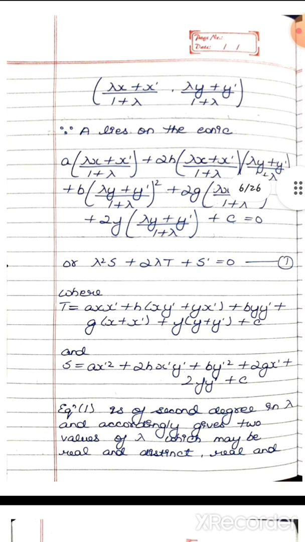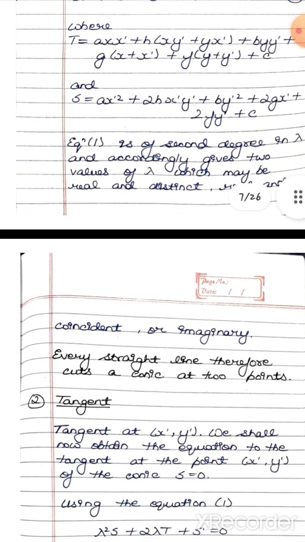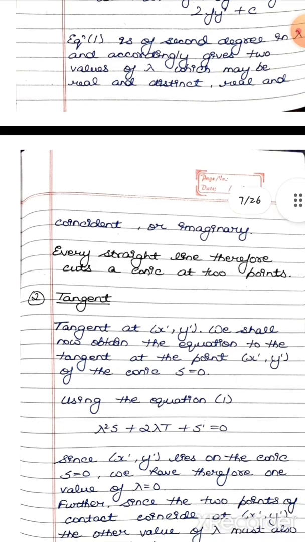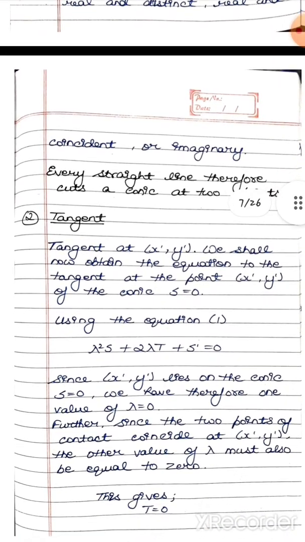So equation 1 is of second degree in λ and accordingly gives two values of λ, which may be real and distinct, real and coincident, or imaginary. Note that every straight line therefore cuts a conic at two points.